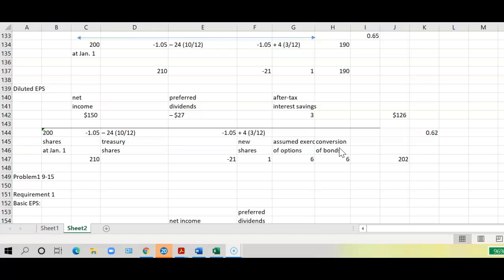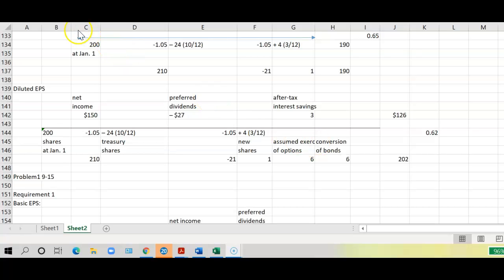Currently, the company has $50 million of 8% bonds, but they do have a convertible feature, which the bonds could be cashed out for 6 million common shares issued at face value. So, for the stock options, we're going to use the treasury stock method, but let's go through this scenario.